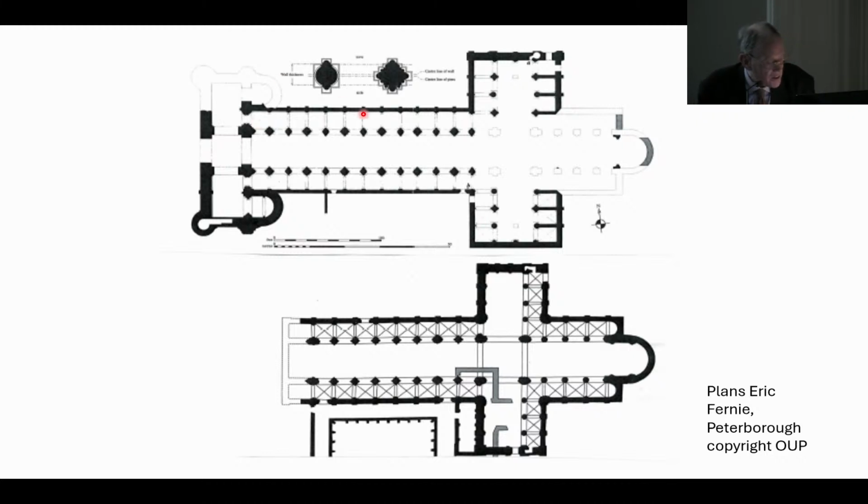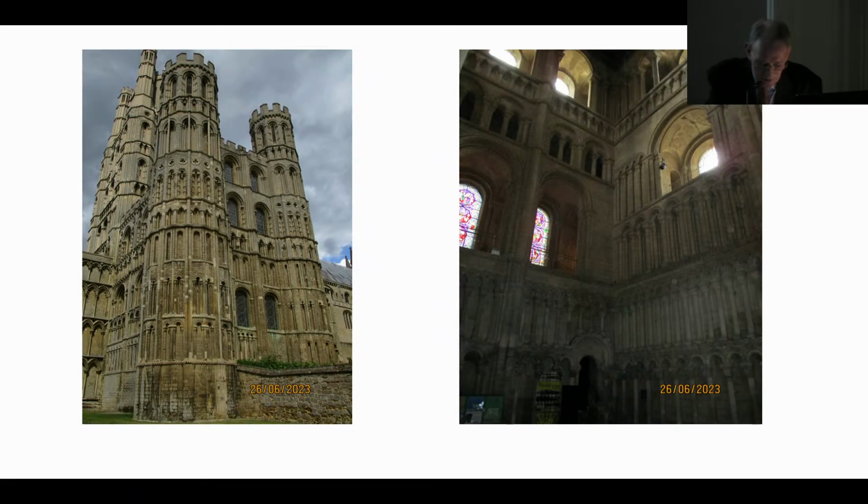There are finally, and I confess here to shameless personal prejudice, really, there are also aesthetic considerations. I've always loathed the west transept at Ely. I find it gross and crude compared to the work further east. And it's not just here you see it outside and inside.